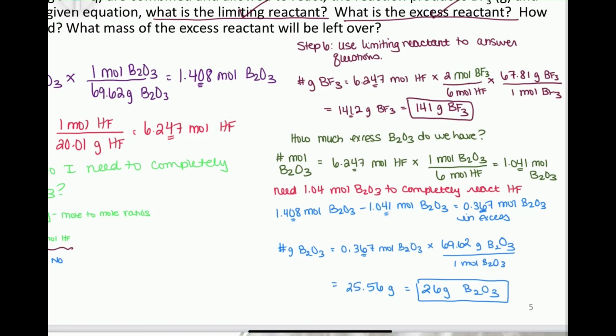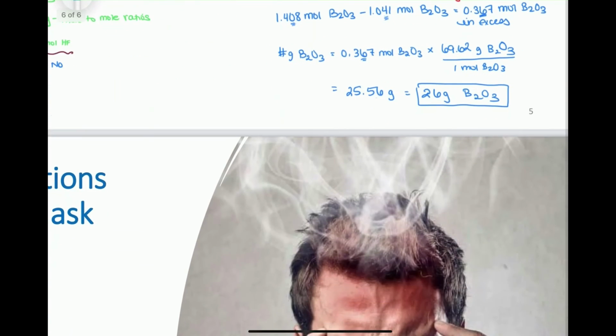So I'll have 26 grams of B2O3 left over after this reaction has been completed.